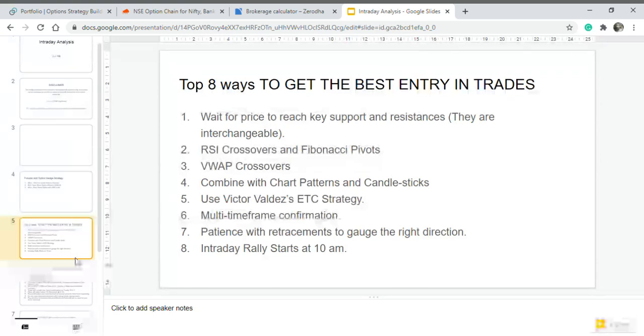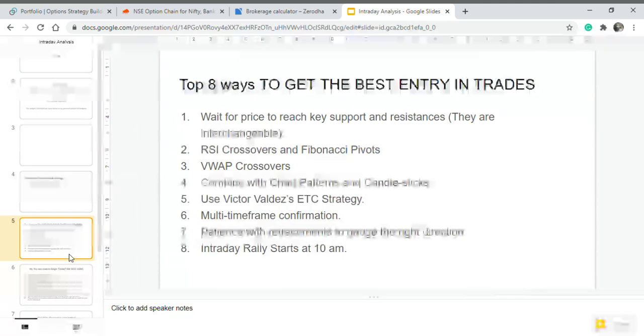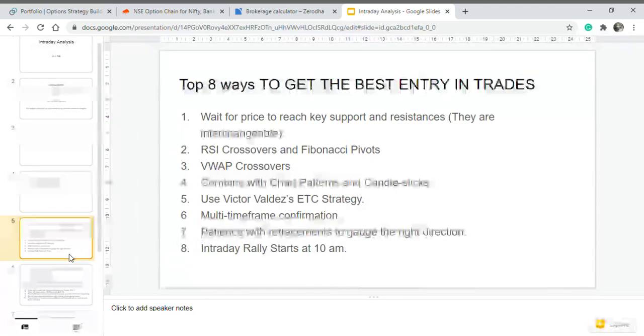Also, what you can look forward to for good entries is the RSI crossover and the Fibonacci pivots. The RSI crossover is whenever the RSI is crossing over the 50, and the stock is moving from the Fibonacci pivot region. You can go into a buy if it's above 50, and if it's below 50, you can go into a sell.